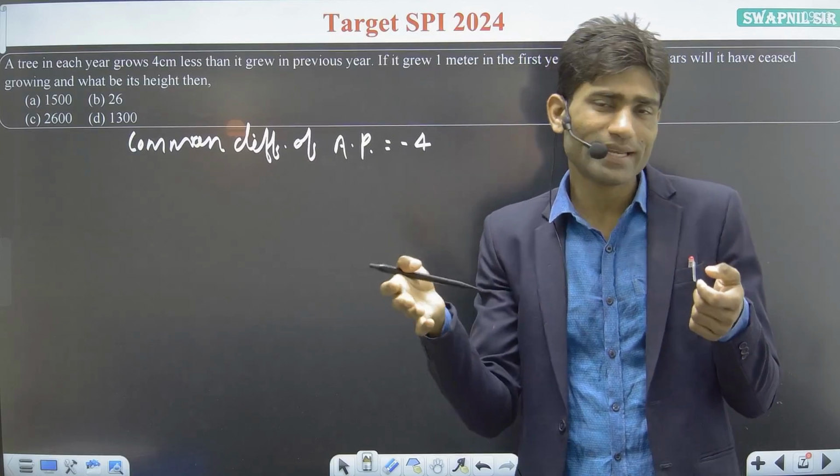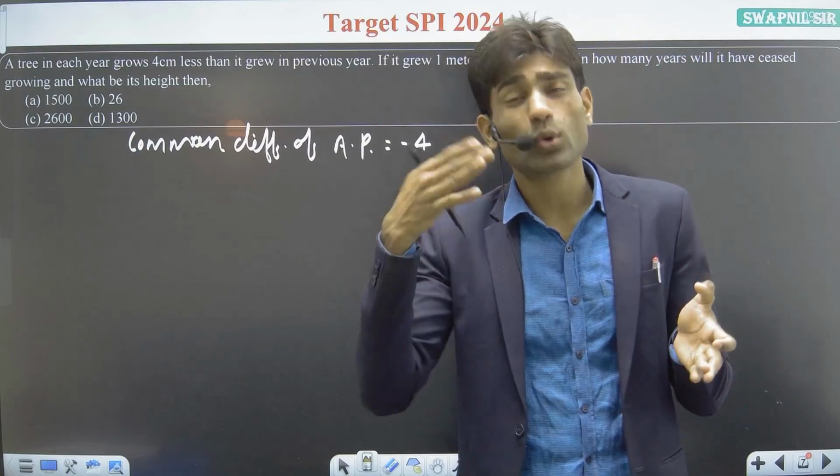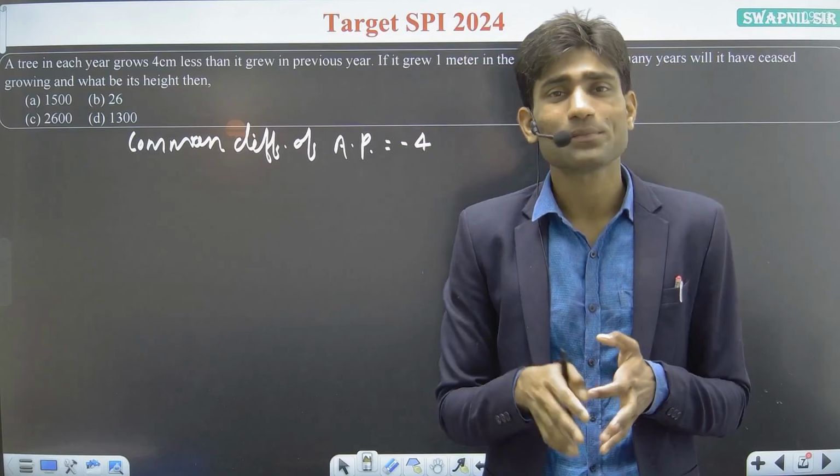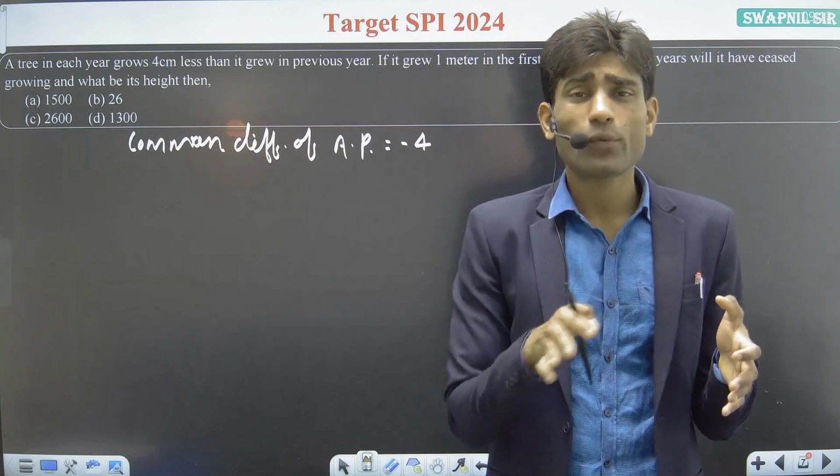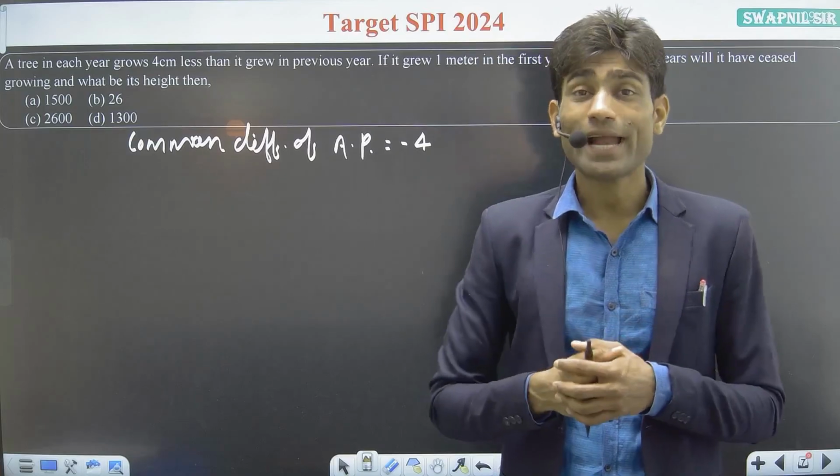If the measurement of the previous year is 8, then next year it grows 4 less. That means we have to remove 4 every year from the height of our tree.